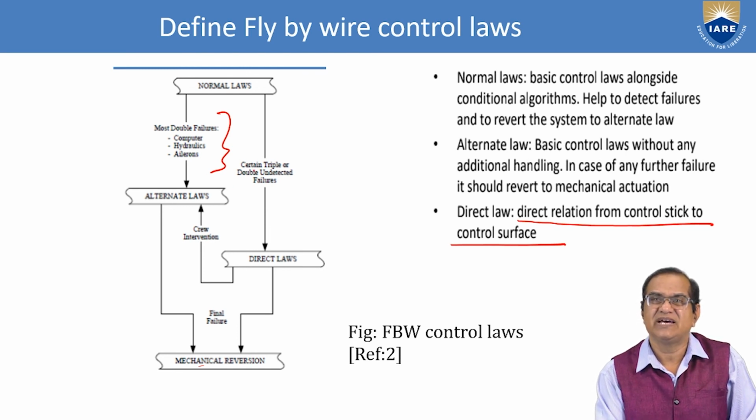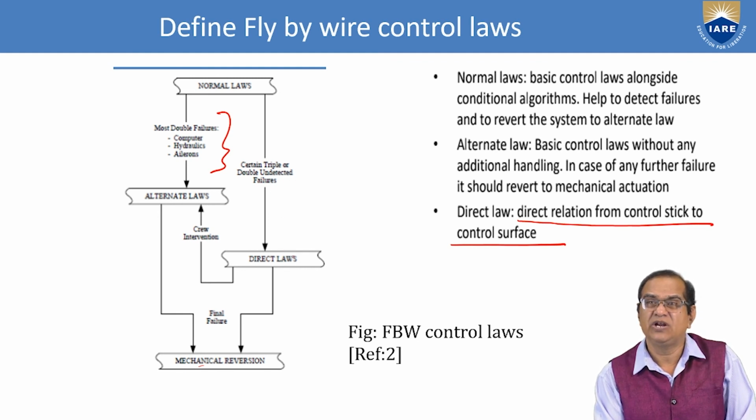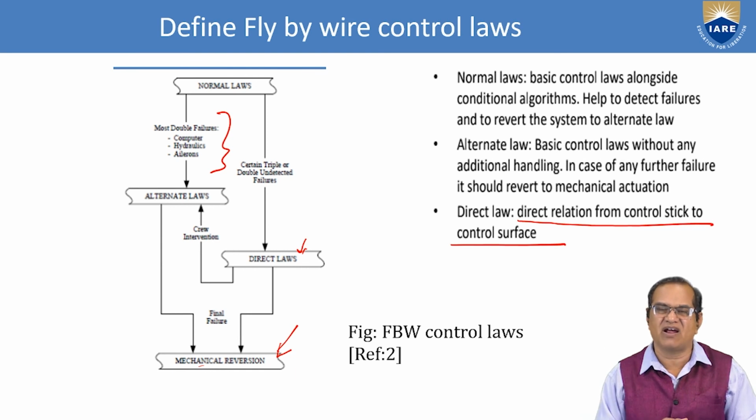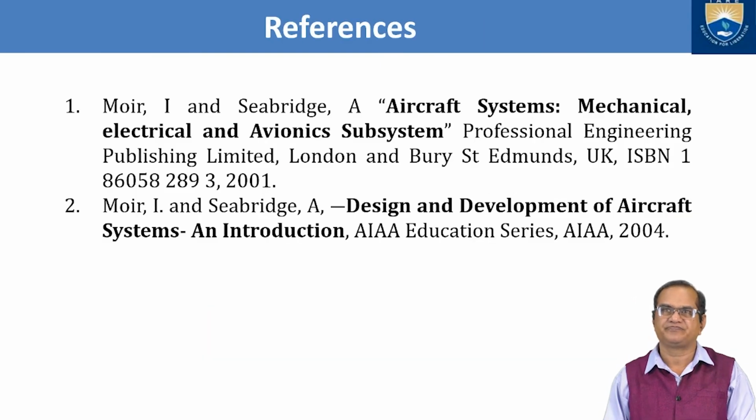If certain triple or double undetectable failures happen, it will go to the direct law, and the direct law and the alternate law both are finally given to the mechanical reversion, and this mechanical reversion means total mechanical control of the aircraft by the pilot is achieved. So these three types of control laws are applicable.